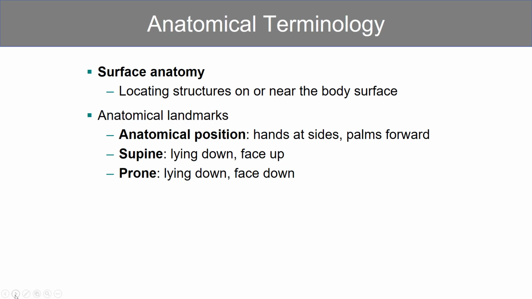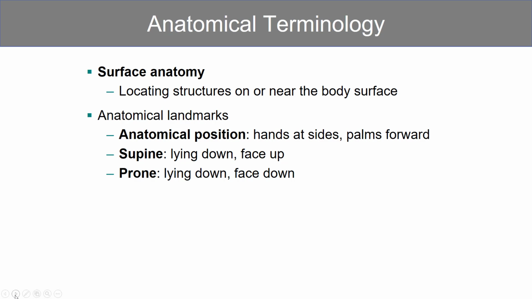Let's start with proper anatomical position. This is a position at which the individual has their hands at their sides, and their palms and their toes and their face are all facing forward. From anatomical position, we can consider two positions in which an individual is actually lying down.